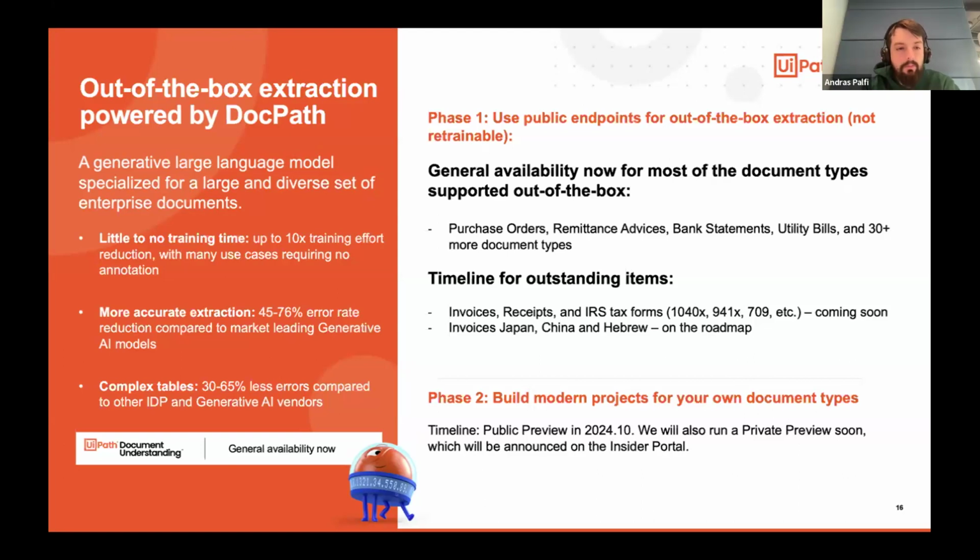We managed to improve the performance of DocPath on tables in general. This has been a common pain point for our previous generation of models: tables that span multiple pages or have complex cells in them were really tough for us to extract. So this model improves the performance on that.